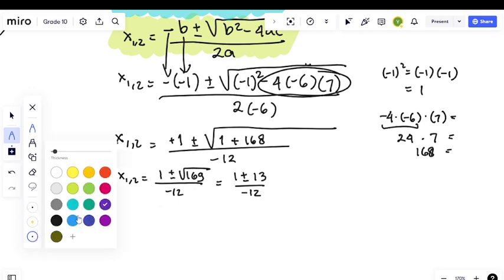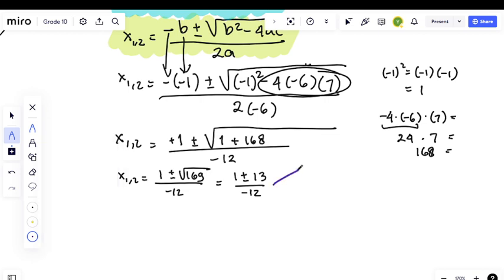Okay. For the first x, we use the positive part of the top. Ya, jadi seperti ini. So we got 14 over negative 12. That would be 7 over negative 6. Or you can write it as negative 7 over 6. Yeah. Any of these, I'll still accept it. Yeah, saya masih bisa terima.